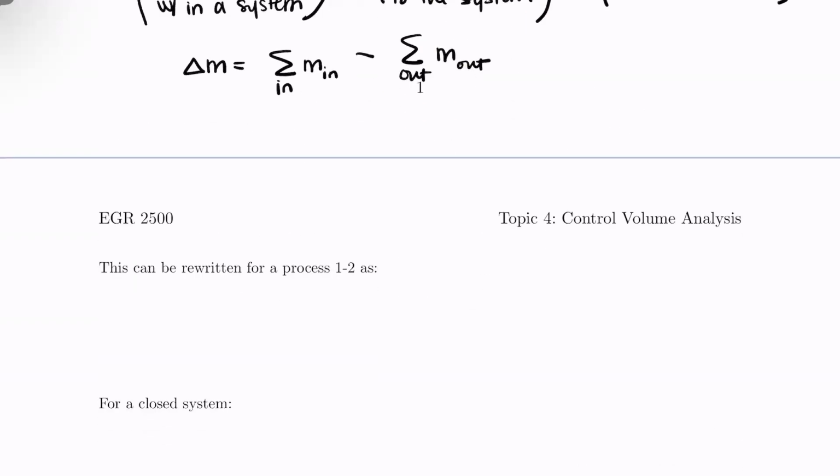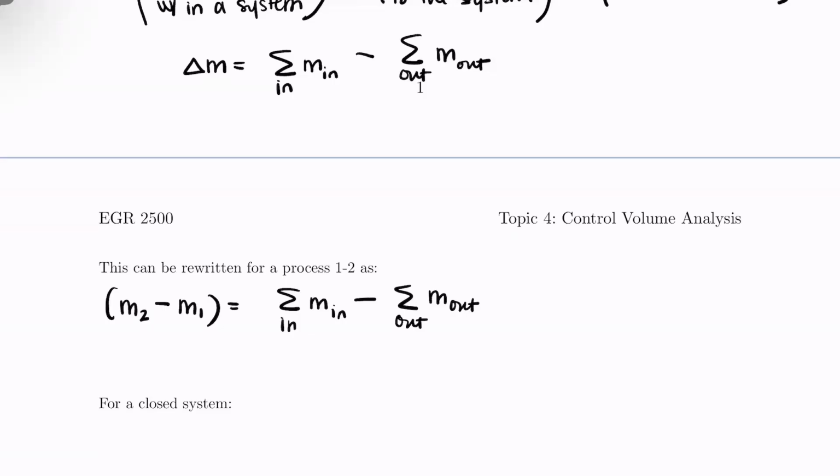So we can write this expression for a process that goes from 1 to 2 in the following way. So we can say the mass at state 2 minus the mass at state 1 is equal to the sum of the mass flows coming in minus the sum of the mass flows going out.